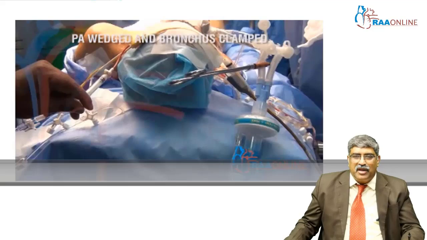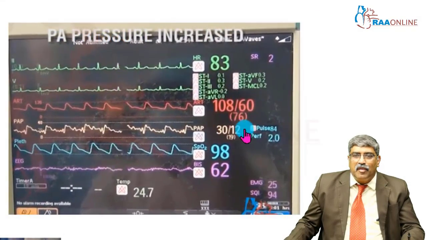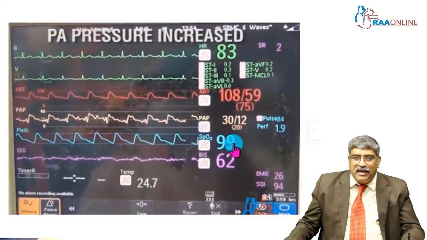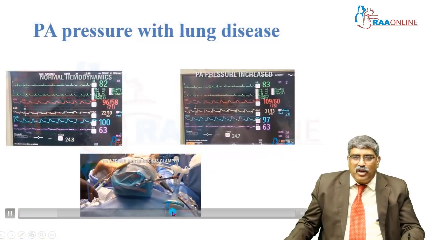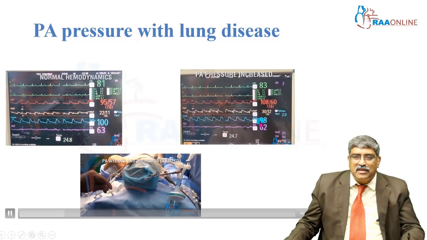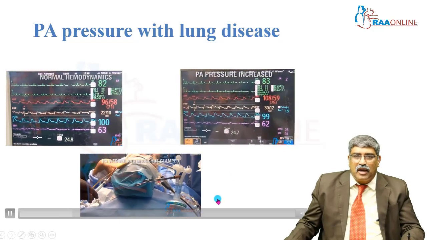As I clamp the left lung, here you can see the pulmonary artery pressure increases, and the saturation which was 100 following occlusion slowly comes down.